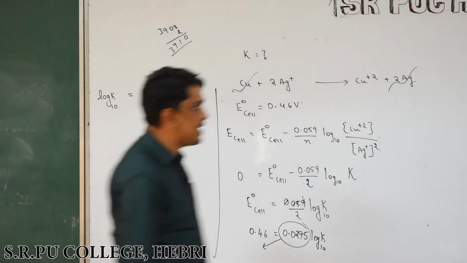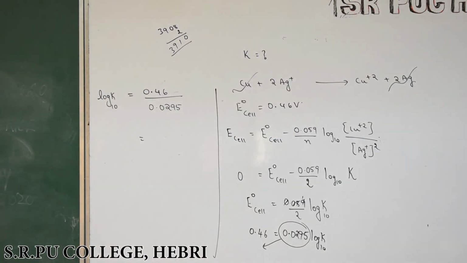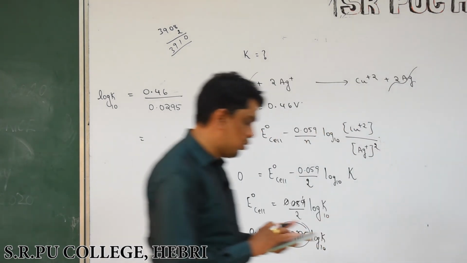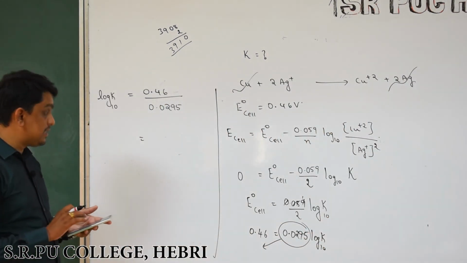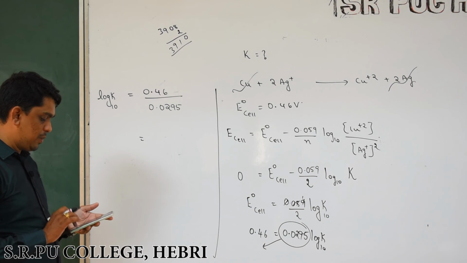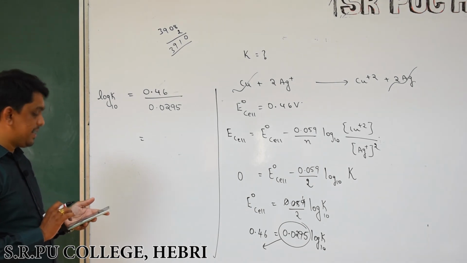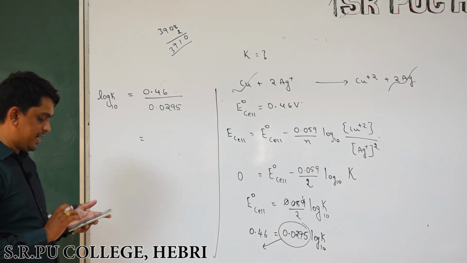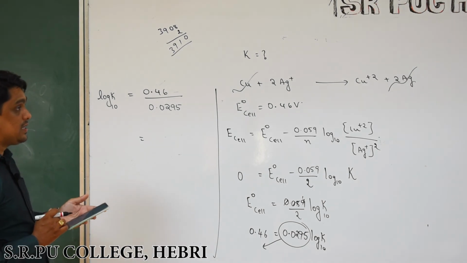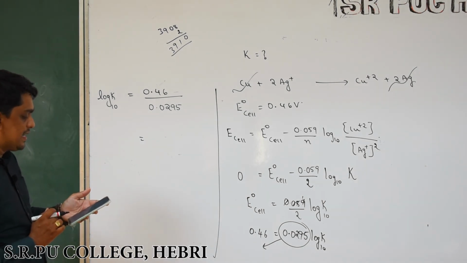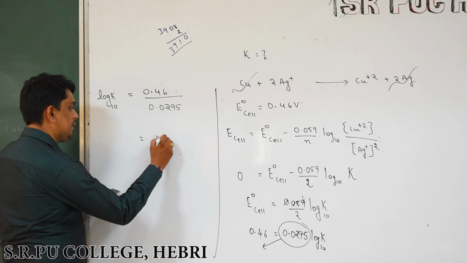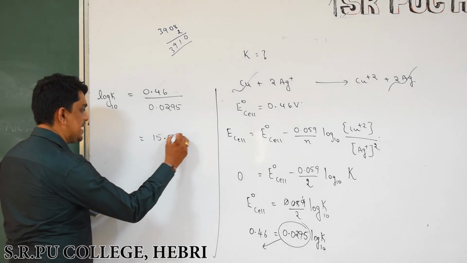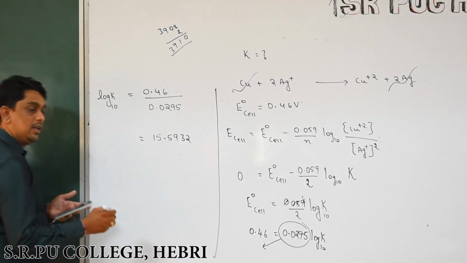Look at the simplification part of this: 0.46 divided by 0.0295. Let us take the calculator and simplify it. 0.46 divided by 0.0295, and the answer that you get is 15.5932.